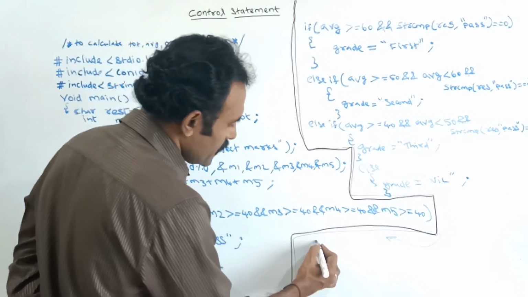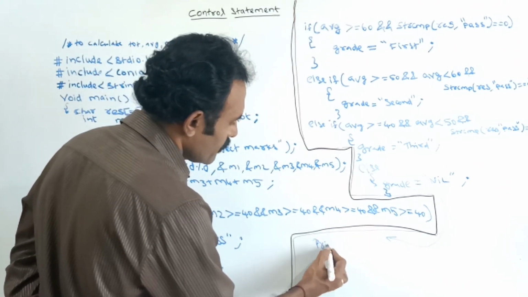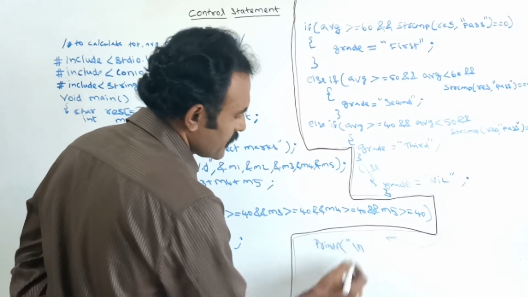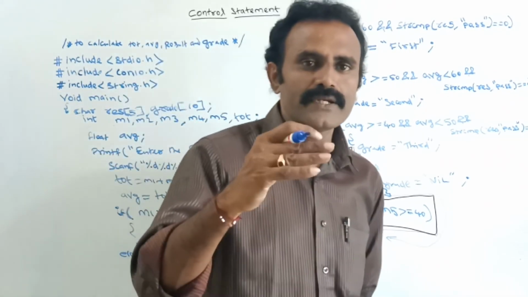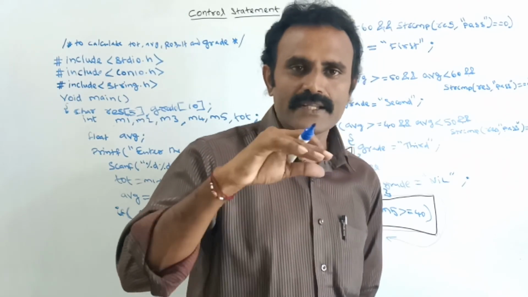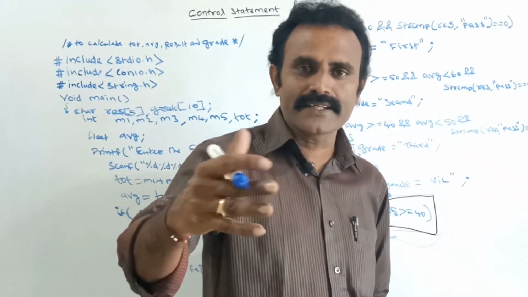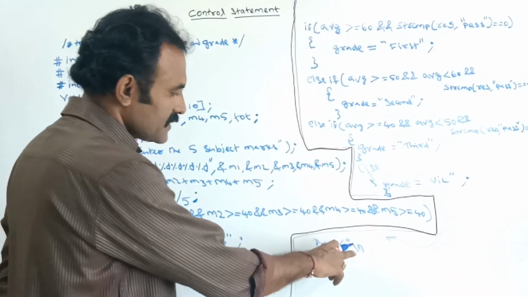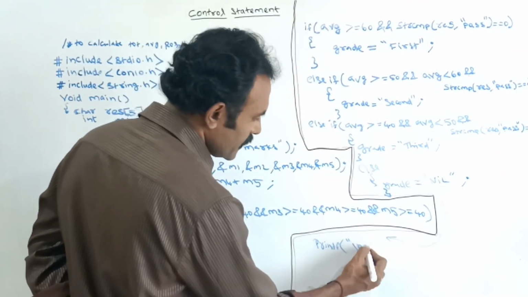Say printf, by help of \n. \n is used to print the statement or message or result line by line. Next, so I am using \n here. Next, here total mark.